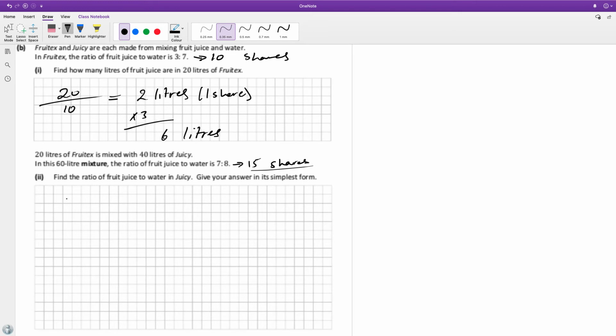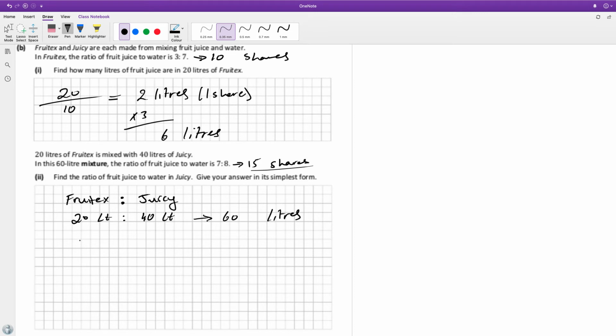Right, so take Fruitex to Juicy, alright? Fruitex to Juicy is 20 litres to 40 litres. Is that okay? And that's 60 litres.